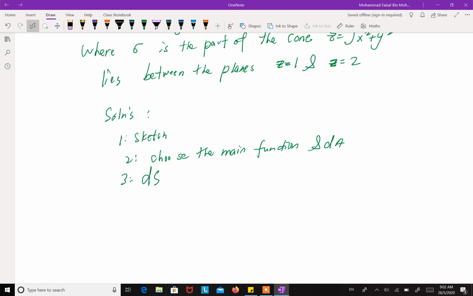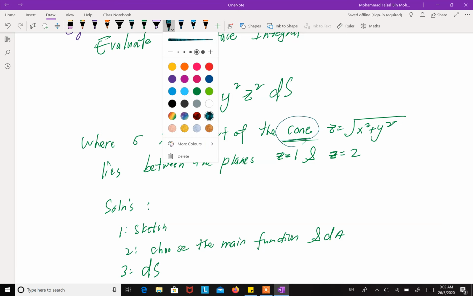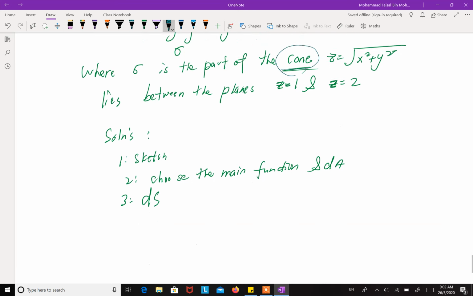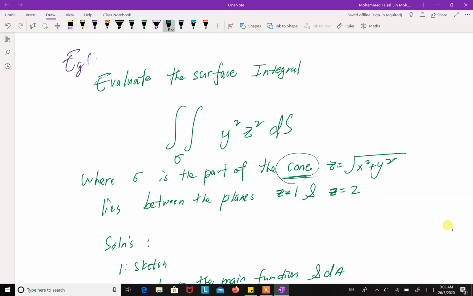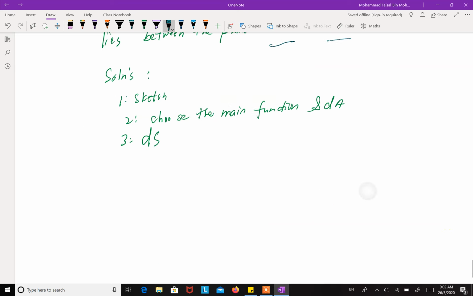So first we sketch. They said sigma is the part of the cone, and this is z positive, so just the upper cone. And we have planes z equals to 1 and z equals to 2. So let me sketch.